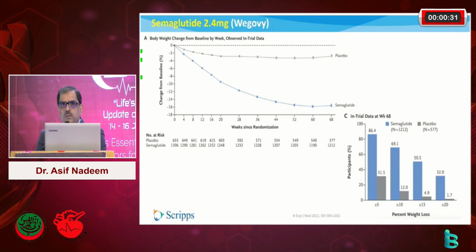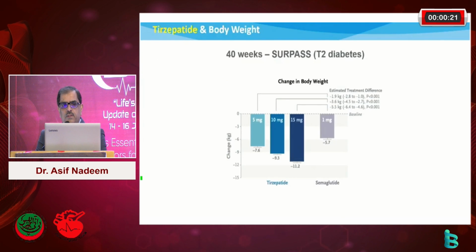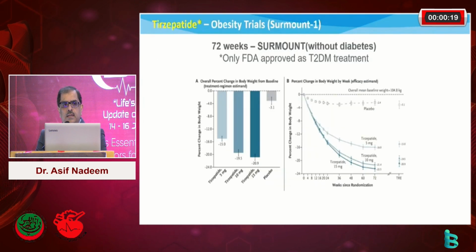And this is shown in the trials. It was shown in the STEP trial that in 60 weeks there was around 20% reduction in weight with semaglutide. And with tirzepatide there was even more, around 24% weight loss in 60 weeks.